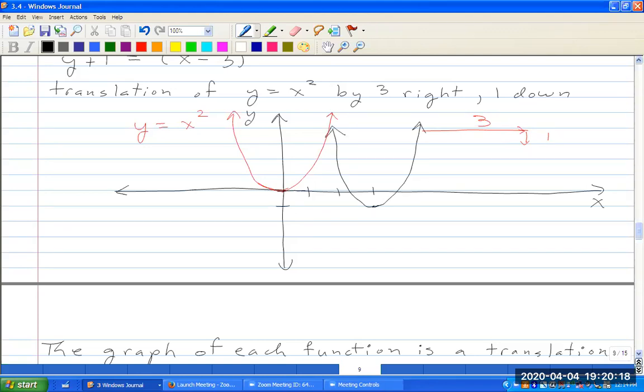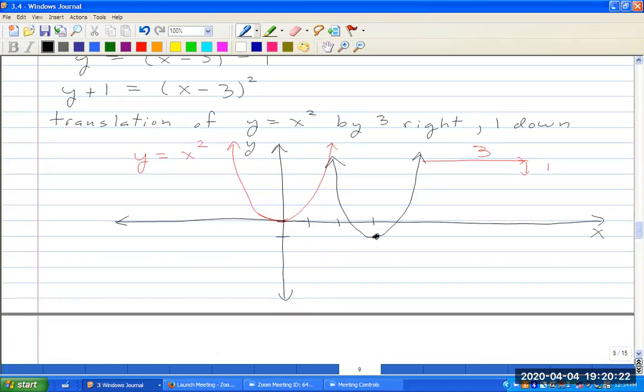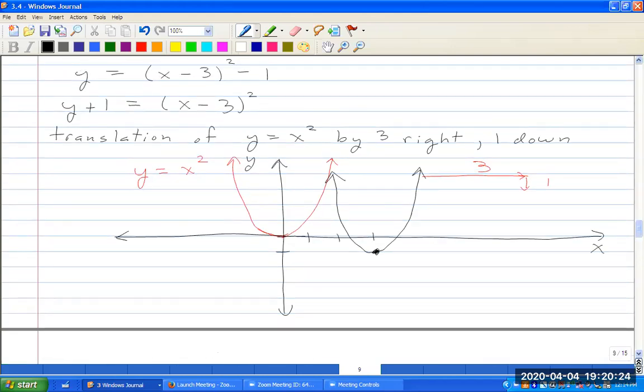So if you recall, we said that once it was in the standard form, the vertex was found by what each of these were, which turns out to be really a translation of the graph of y equal x squared.